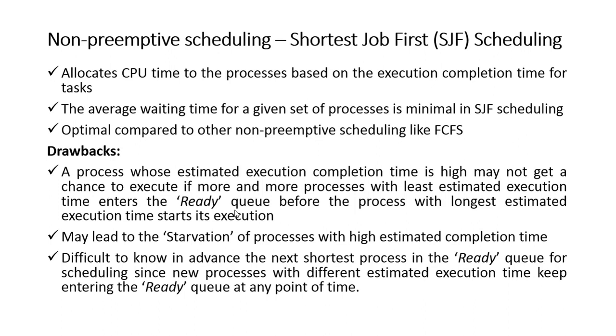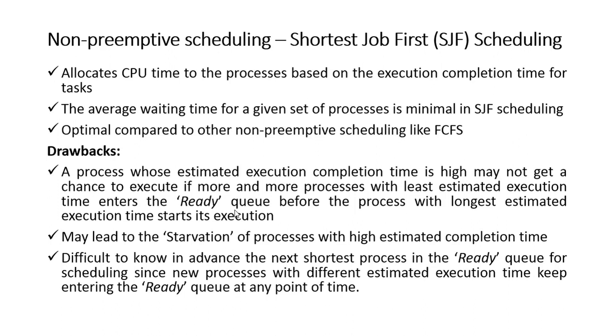It is difficult to know in advance the next shortest process in the ready queue for scheduling, since new processes with different estimated execution times keep entering the ready queue at any point of time. Initially there may be some processes in the ready queue. Assume the first process is getting executed by the processor. Before moving to the second process, a process with the least estimation time enters the ready queue.